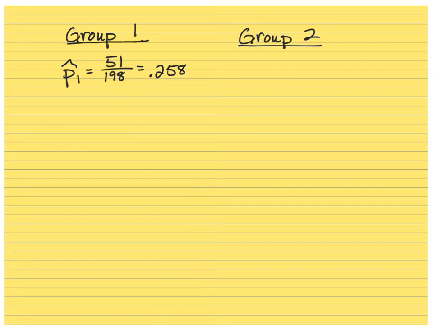When we look at group 2, the numbers are 30 out of 199. And so we'll call that P2 hat. So 30 divided by 199, so that's 0.151, so 15%.